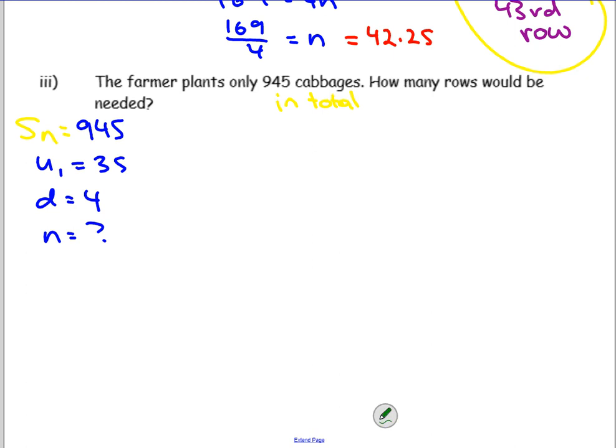Nah. So we can't use the shortened version, like Gauss's child version of the sum of an arithmetic sequence. We have to use the long version because we don't know what the last term is. Remember the short version, you just put brackets U of 1 plus U of n. We don't know what the U of n is, so we have to use the long version where we've subbed in the U of n formula.